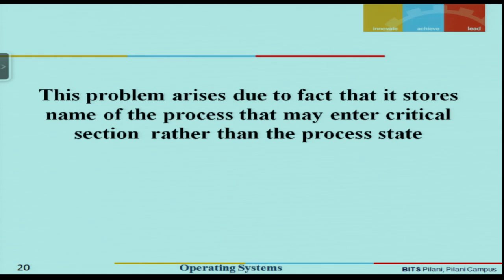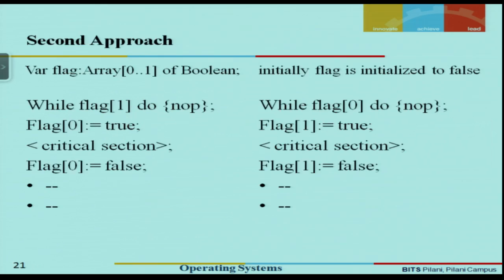So our next solution, which I am going to propose, is going to check the state of a process rather than directly checking the turn, and we will see how that solution works out.